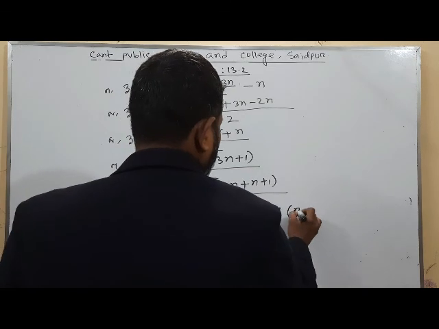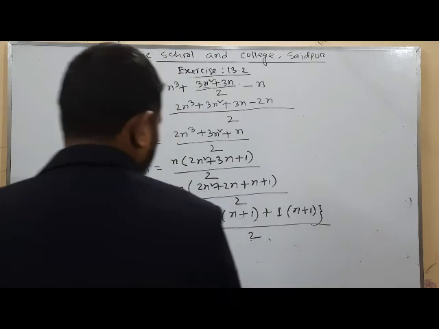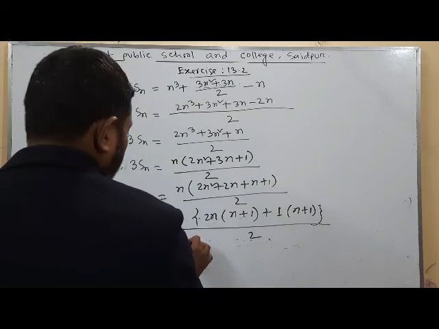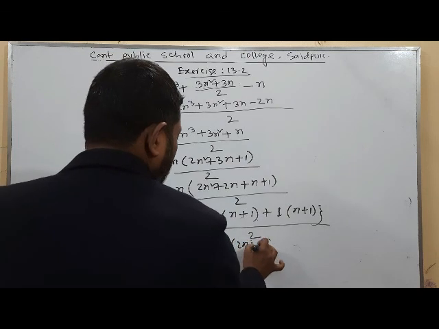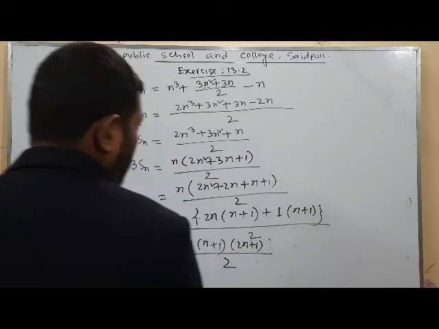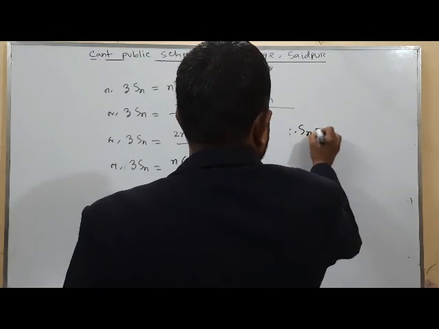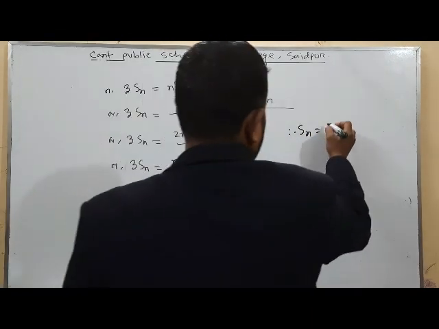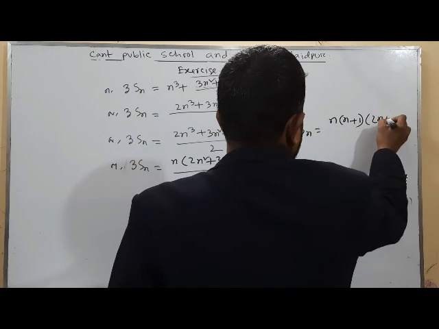If we take common 1, then n plus 1, or n into n plus 1 into 2n plus 1 by 2, that is 3 Sn. This is equal to n into n plus 1 into 2n plus 1.